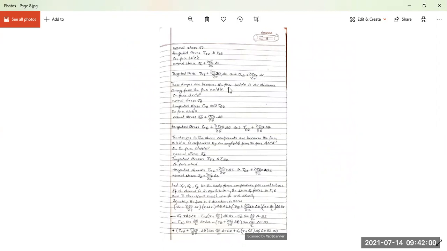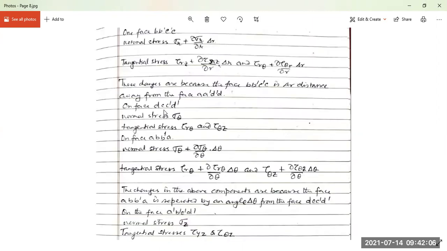These changes are because of the phase d c dash on this phase d c dash d dash. D c dash d dash is the phase itself.